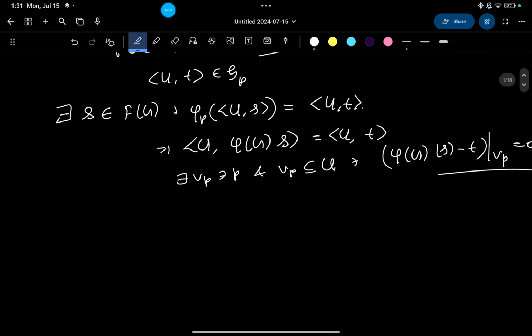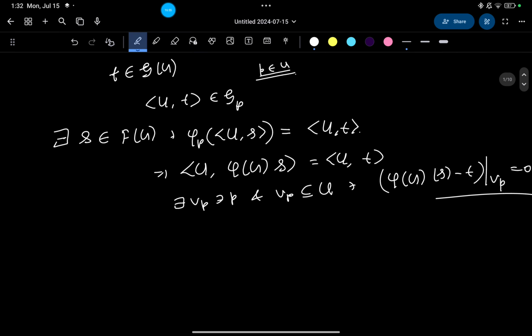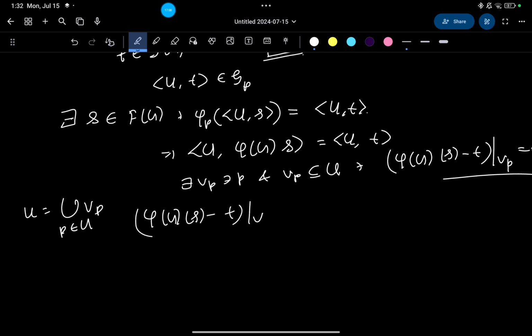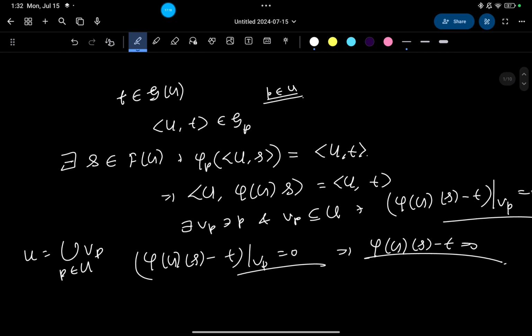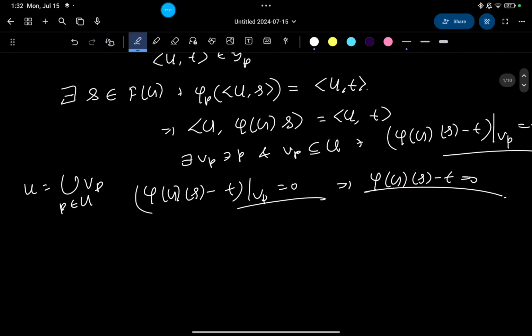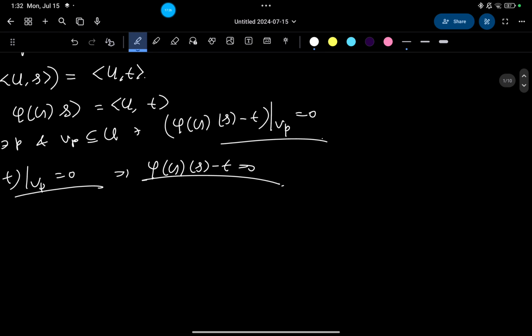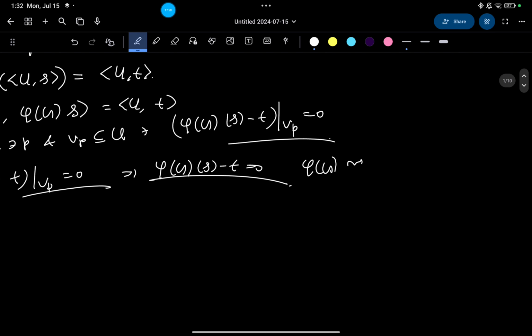Now we let p run over the entire u again, so I can write u as a union of Vp such that p belongs to u, and I will get phi u of s minus t restricted to Vp is 0. That means phi u of s minus t is 0. Okay, so this is how one can show that phi u is surjective.